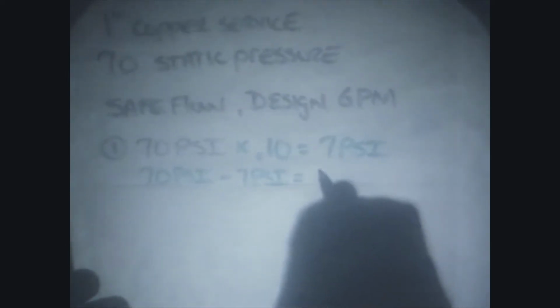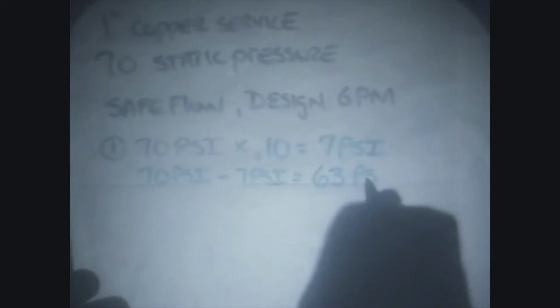The first thing we're going to do is take our pressure and multiply it by 10%, which gives us 7 psi. Then we're going to bring down our 70 psi and subtract the 7 psi that we just calculated, which is going to give us 63 psi.